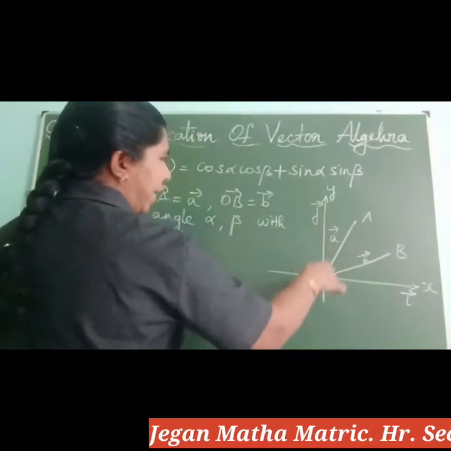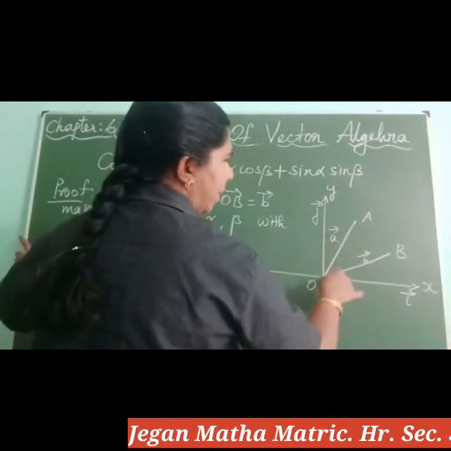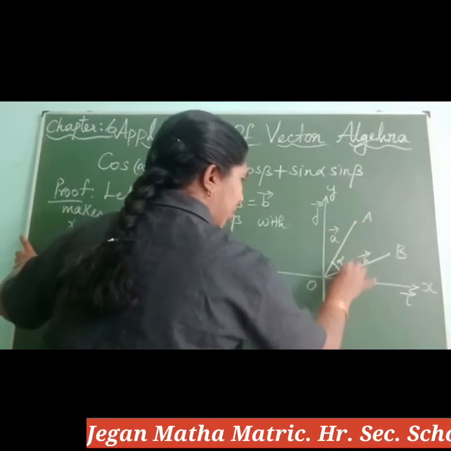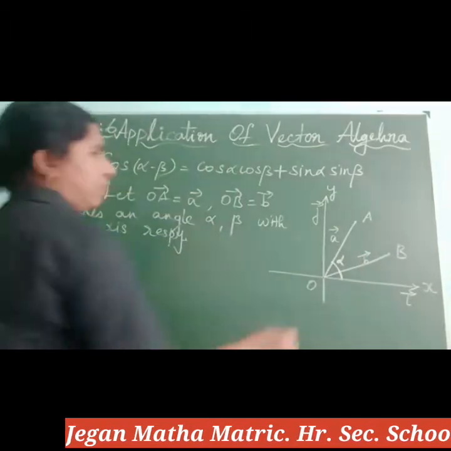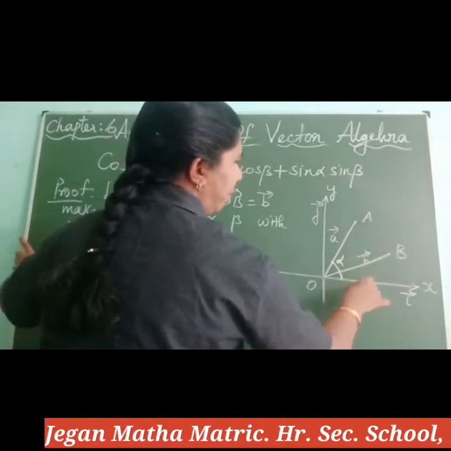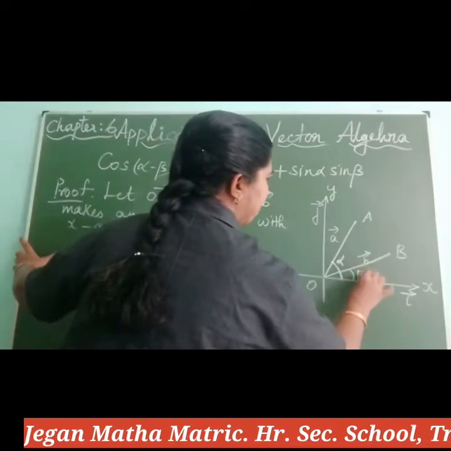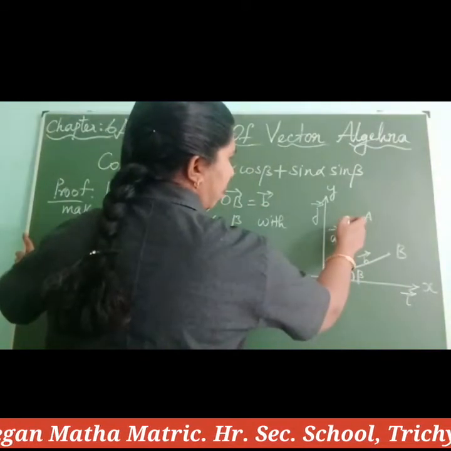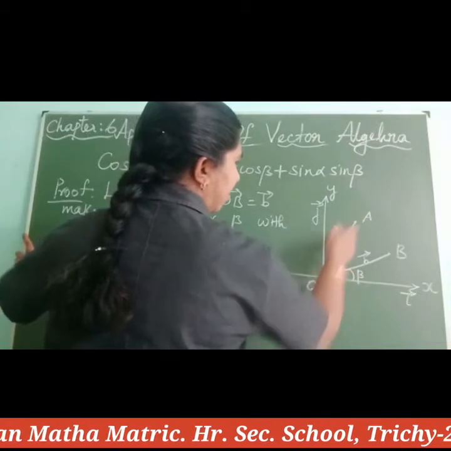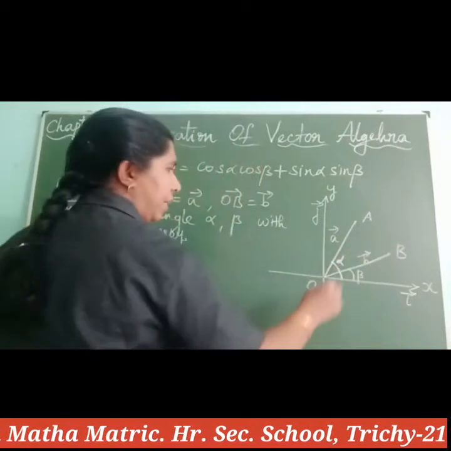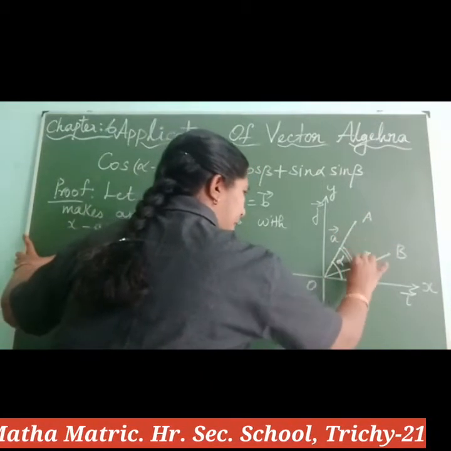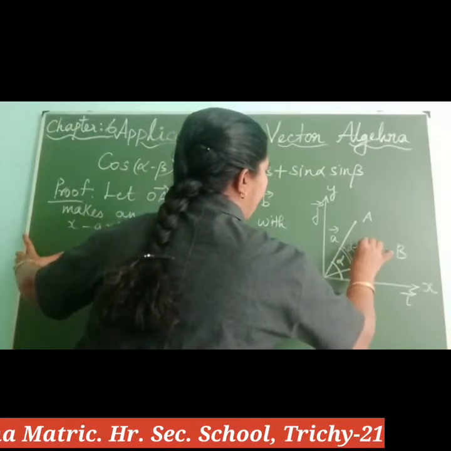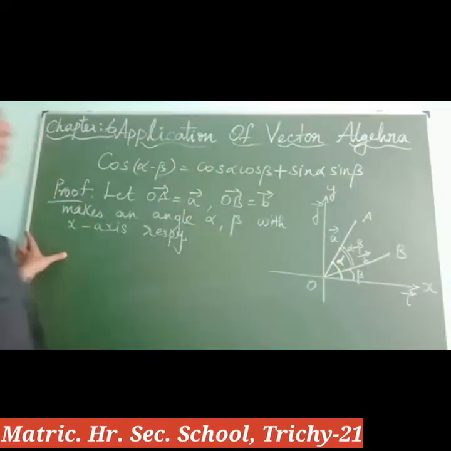The angle made by the line OA with the x-axis is alpha; the full angle we have to consider as alpha. The line OB makes an angle beta. Therefore, the angle made between vectors OA and OB can be represented by alpha minus beta.